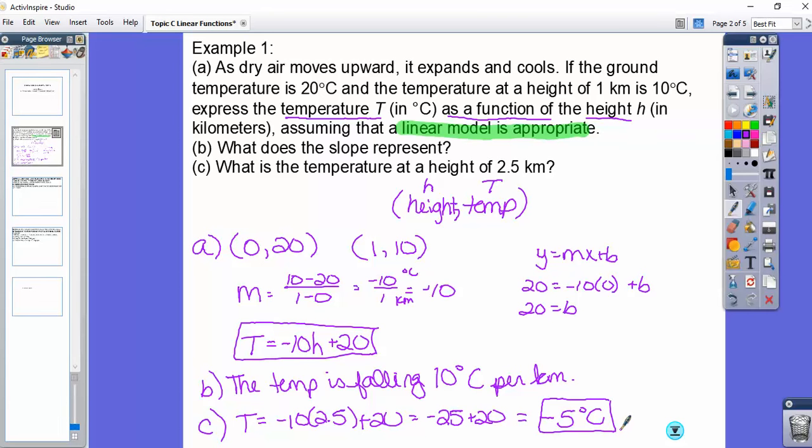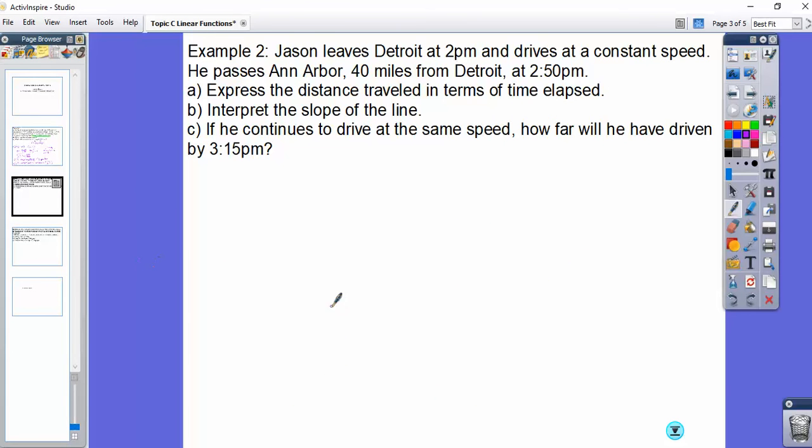So just writing the equation of a line and answering some questions about that equation. We'll do a couple more of these. Example 2. Jason leaves Detroit at 2 p.m. and drives at a constant speed.